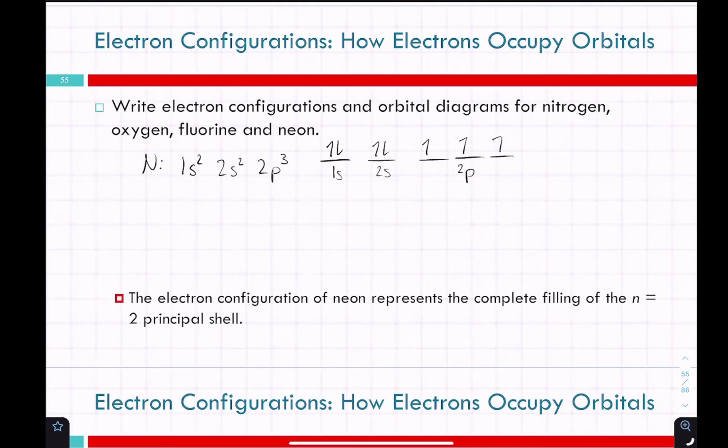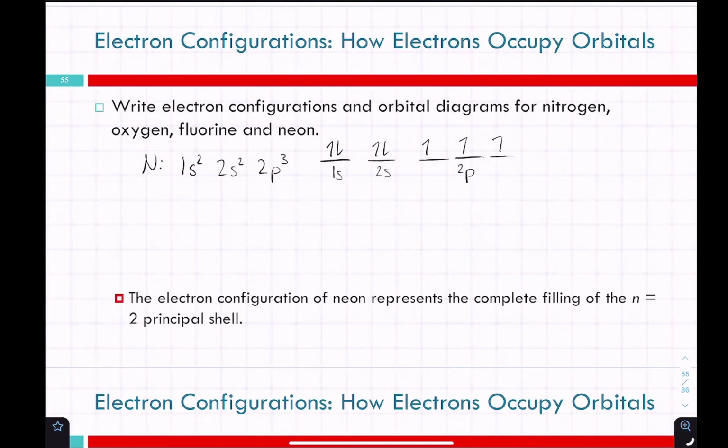Would the 3d's have more spots? Yes, d's have 5 spots. So they're odd numbers: 1, 3, 5, and then 7. All the s's have 1, all the p's have 3, all the d's have 5.